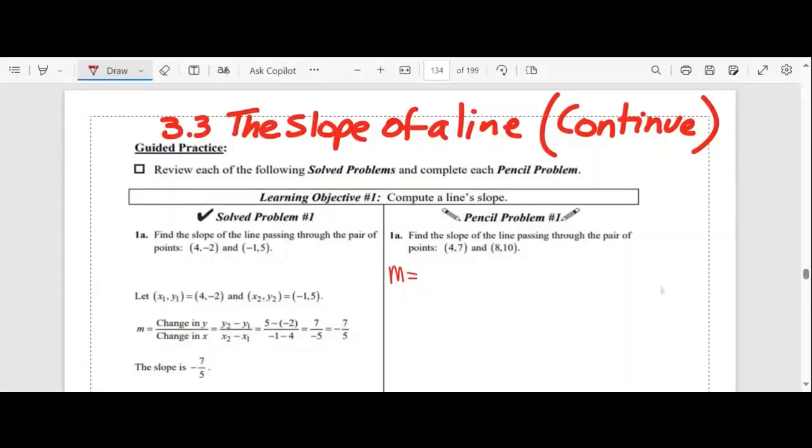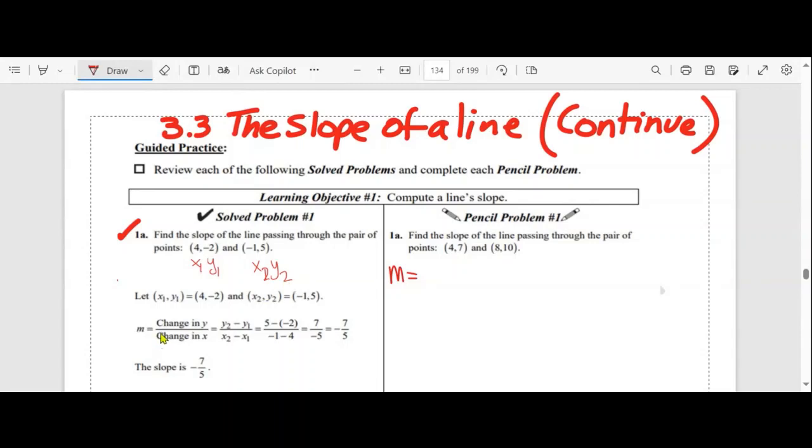Welcome back. We're starting with 3.3, the slope of a line. This is a continuation. This example says find the slope of a line passing through a pair of points, (4, -2) and (-1, 5). So this is x, this is y, and -1 and 5, x and y. To get the answer, let this become x1, y1 and this x2, y2.